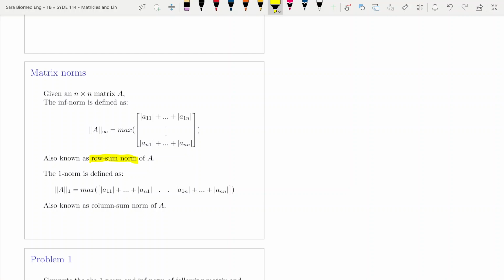And because it's the inf norm, or row sum norm, you take a sum of each row. If you have more entries, you take a sum of all the entries on each row. Then you take a max operation on this list, and you pick the maximum.